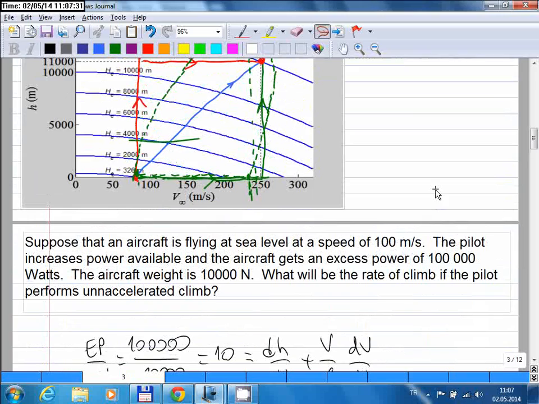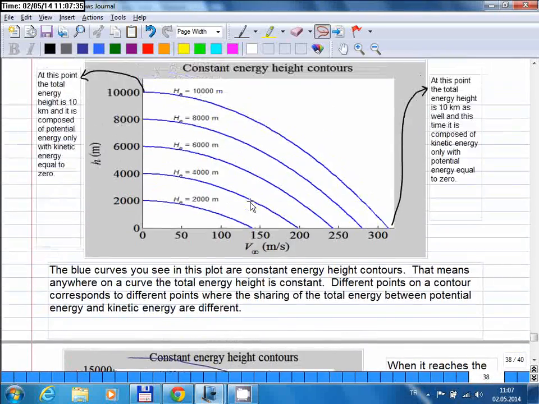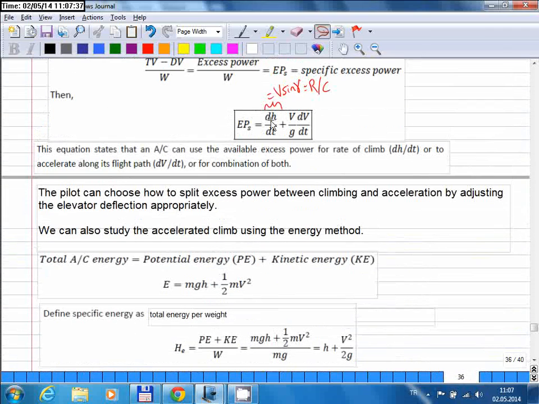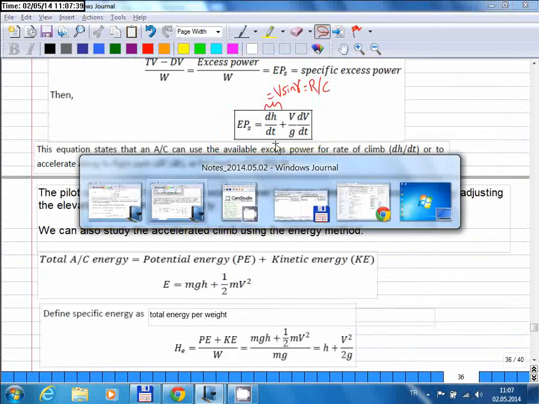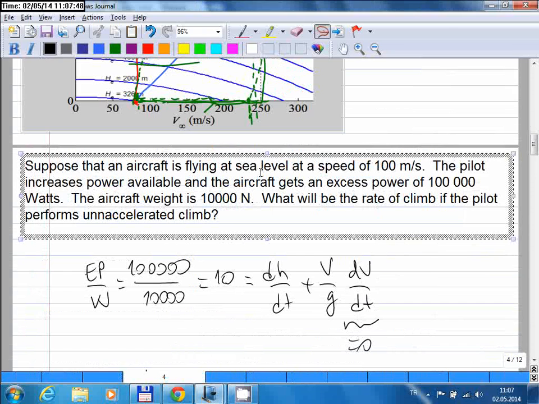Now there's a very simple example here related to the accelerated flight equation, this equation. Let's say we have an aircraft which flies at sea level at a speed of 100 meters per second, and the pilot has some excess power of 100,000 watts, and the weight of the aircraft is 10,000 newtons.